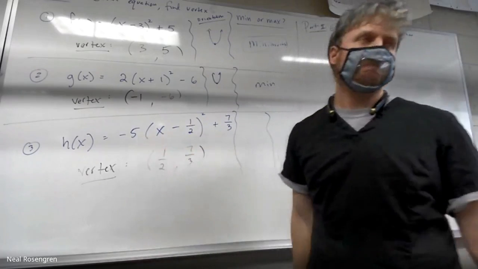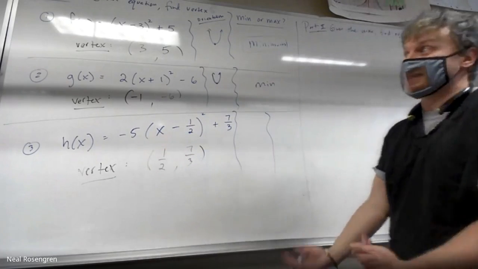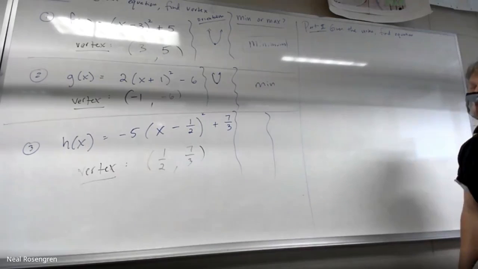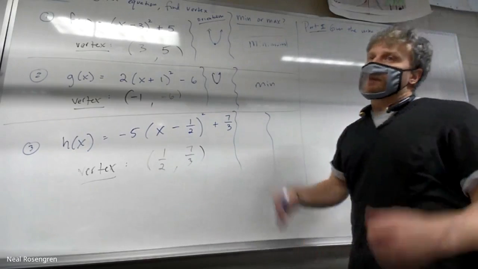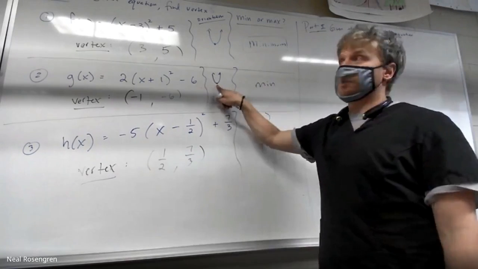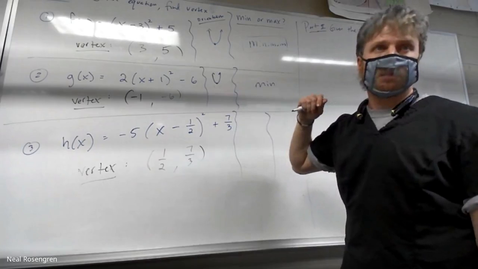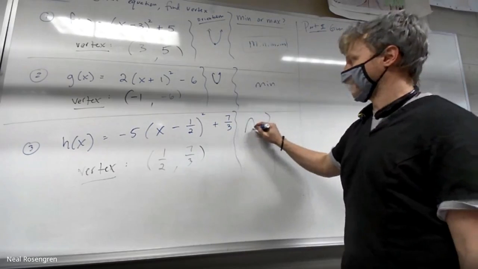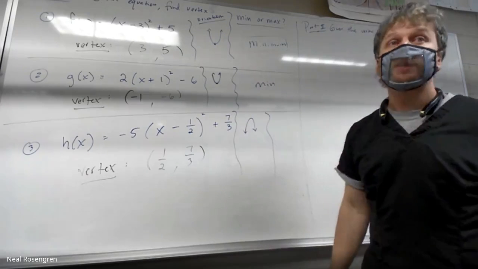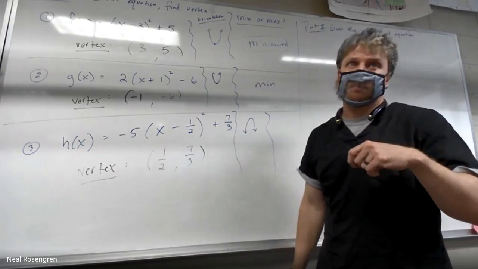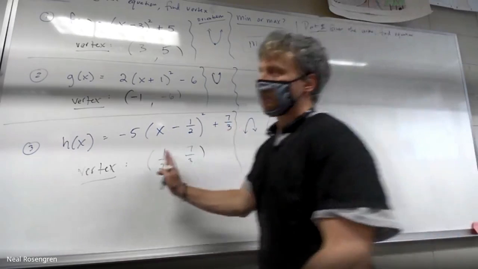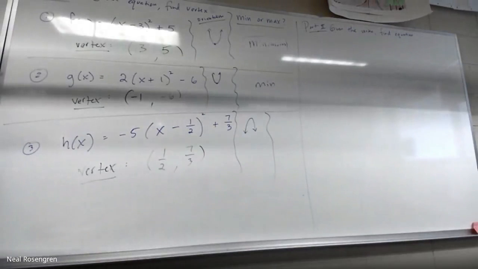How about h? Function h. Now, I can just say that, and you know what I'm talking about. Is that going to open up like this, or is it going to open down? Why? What's negative? Be less specific. Not just 5. Just talk to me in general about which number.